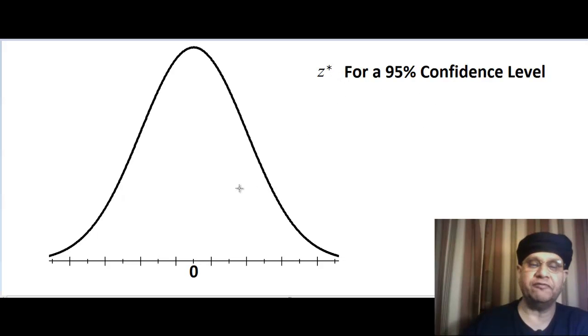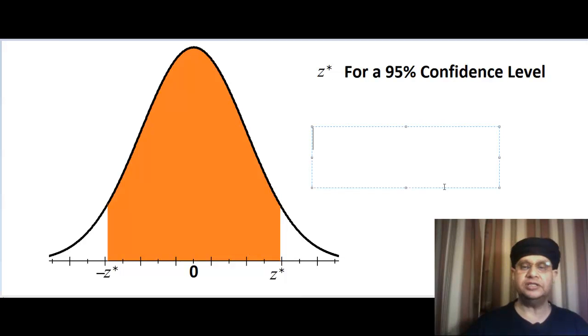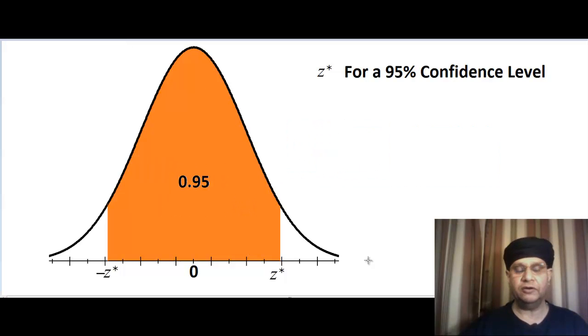And this z star is that specific value of the standard normal distribution such that the area between positive z star and its negative counterpart, negative z star, is 0.95.